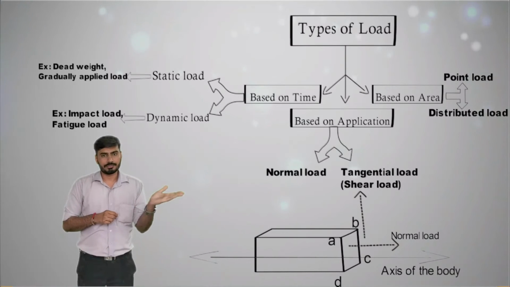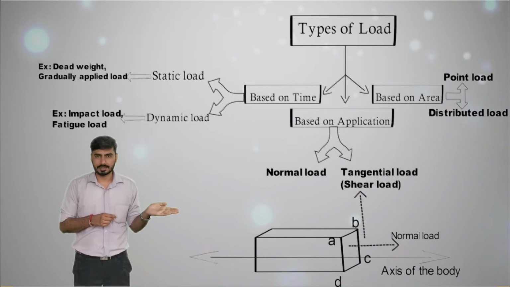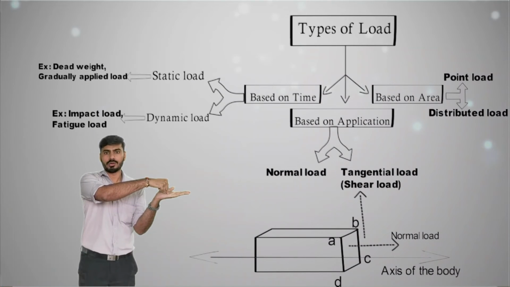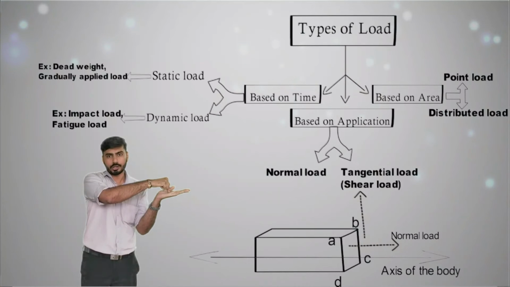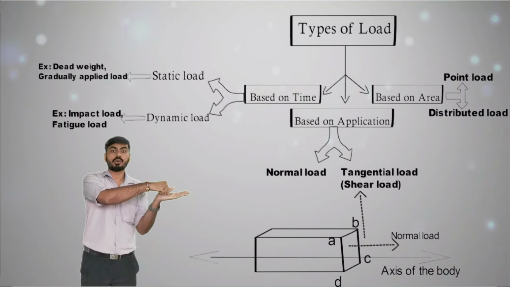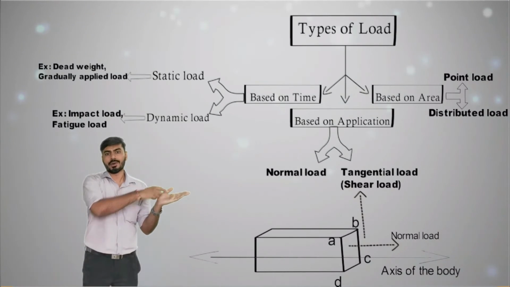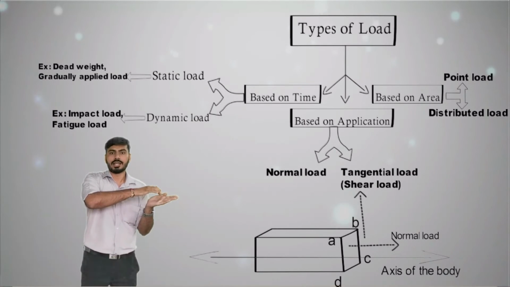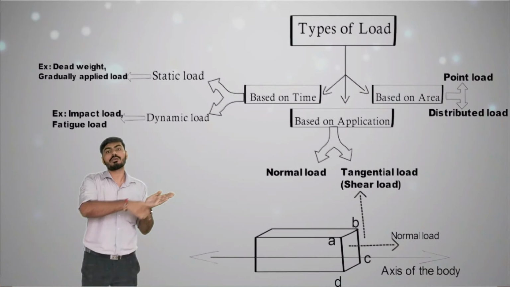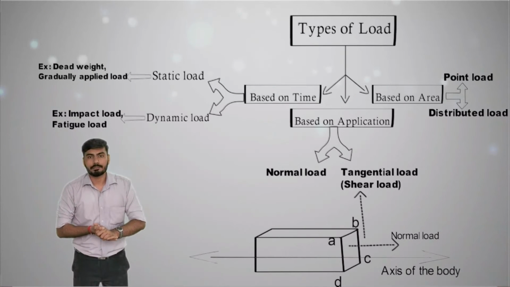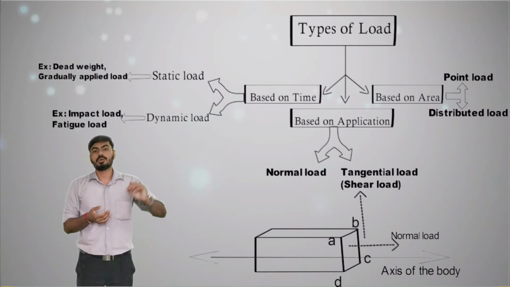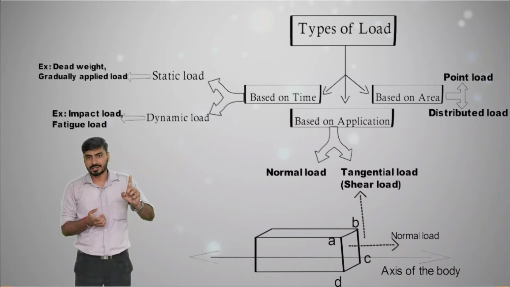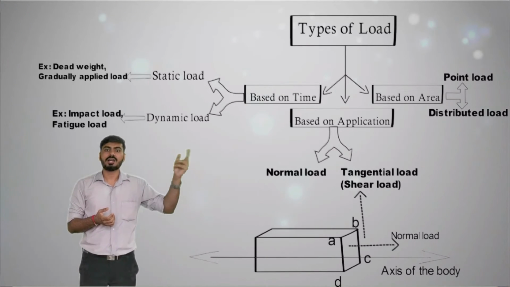Whenever you are taking a surface or any object surface, and the load is applied at only one particular point of that surface, that type of load is known as a point load. But whenever the load is applied on the entire surface, then that type of load application is known as a distributed load condition. So the first one is the point load, and the second one is the distributed load.